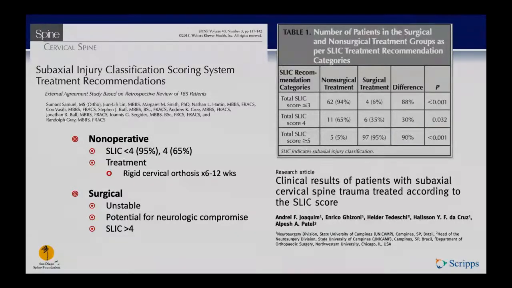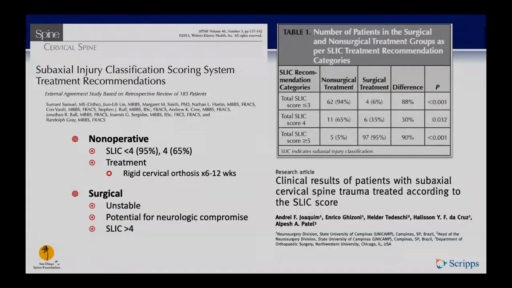Samuel et al. performed this retrospective review of 185 consecutive patients at a level 1 spinal injury referral center in Australia. They found that according to this score, 94% of the patients were managed non-surgically, and 95% of the patients that would have been recommended for surgery by the SLIC score, with 5 or higher points, were managed operatively.